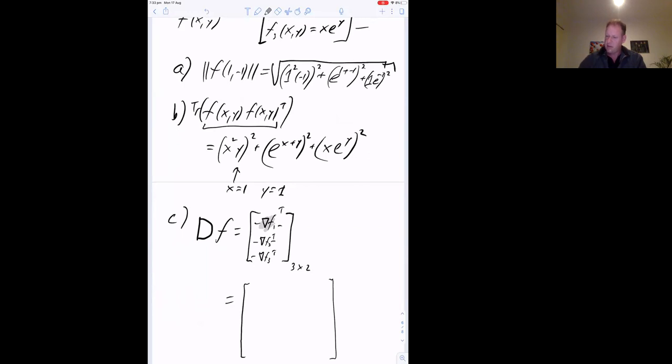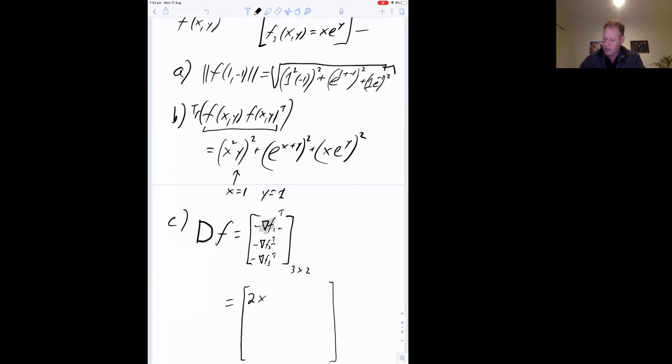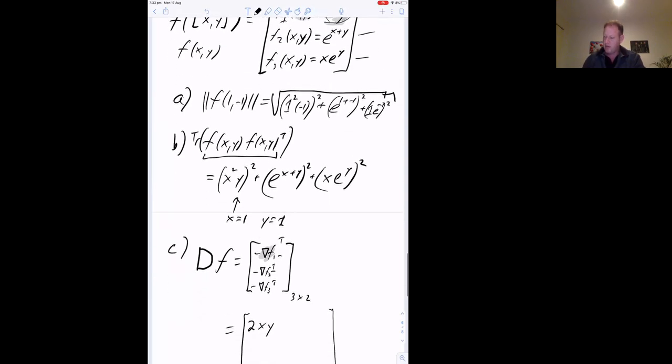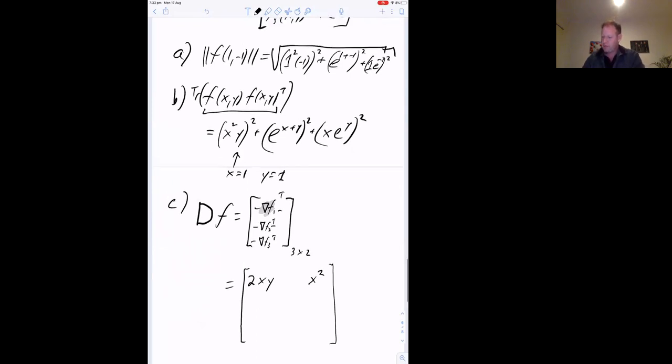The derivative with respect to x is going to be 2xy. That's the first entry of this gradient. And then the derivative with respect to y is going to be x squared. Again, there's a high chance I can make a mistake at some point. Correct me if I'm wrong.